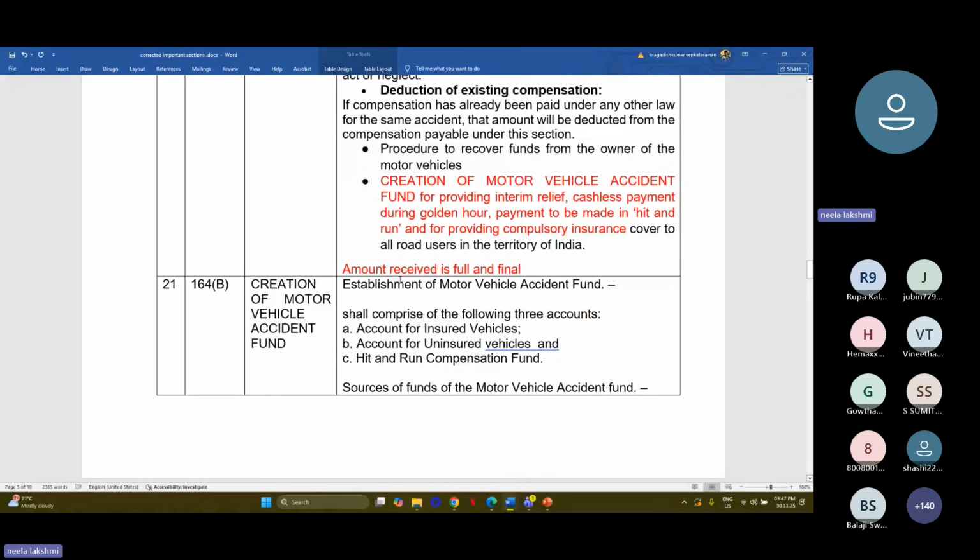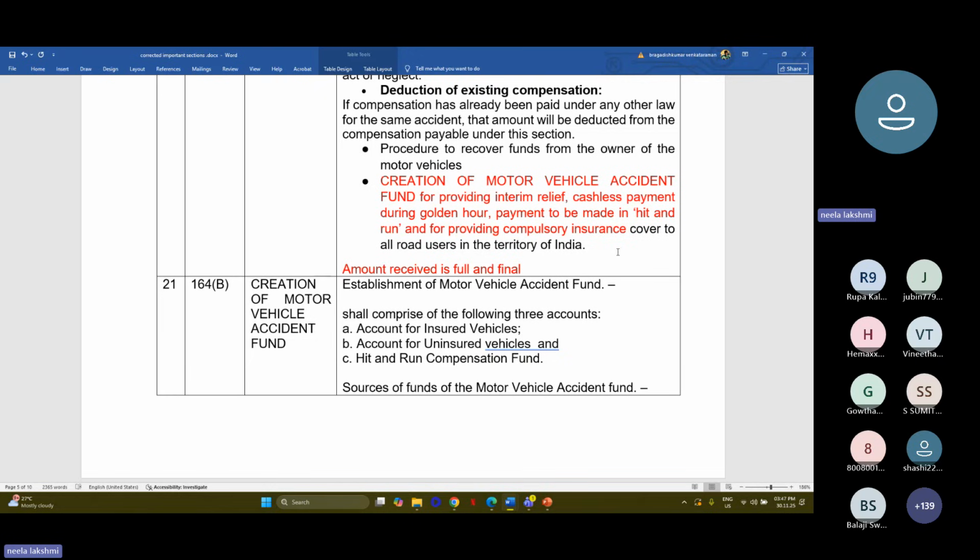Creation, I told you, all this would be interim relief for cashless payment during golden hour, hit and run victims compensation, insurance to compensate the victims who met with the accident out of an uninsured vehicle. For all this, the motor vehicle accident fund is created.